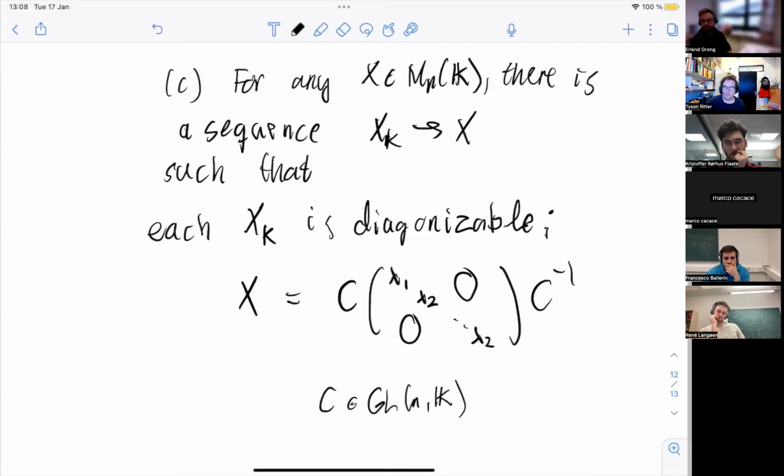However, you can always view any matrix as a limit of something diagonalizable. And that means that very often, if you want to prove something, we can just prove it for diagonalizable elements. We'll do some of this next time. Unfortunately, I don't have time to do the proofs today, but they will be in the notes.